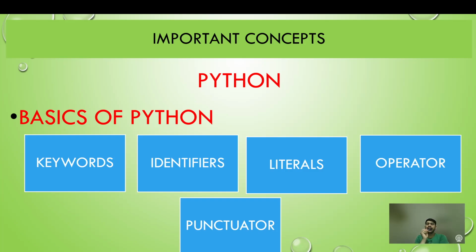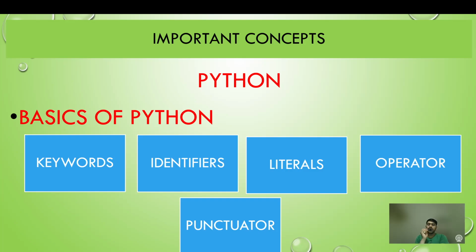Then literals: fixed data values are called literals. We have number literals, string literals, boolean literals, and special literals. Number literals contain numeric values, string literals contain string type values, boolean literals contain true and false values, and the special literal is the absence of value, that is None, with N capital.